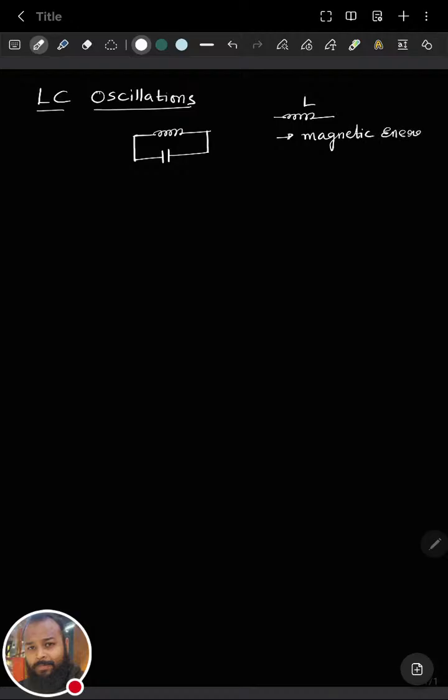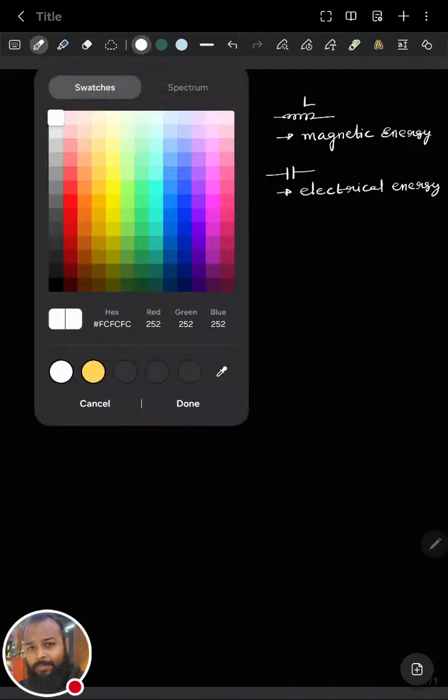Magnetic energy is stored by the inductor, whereas a capacitor stores electrical energy.